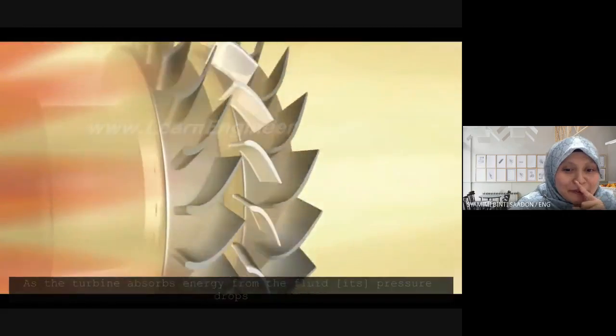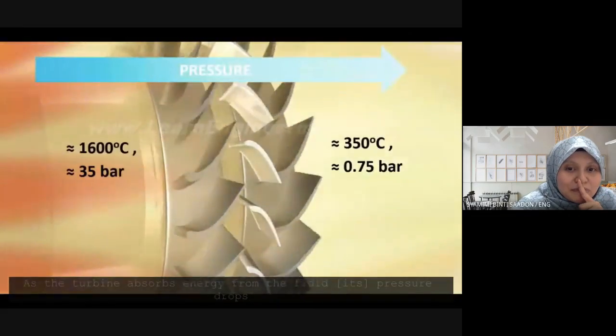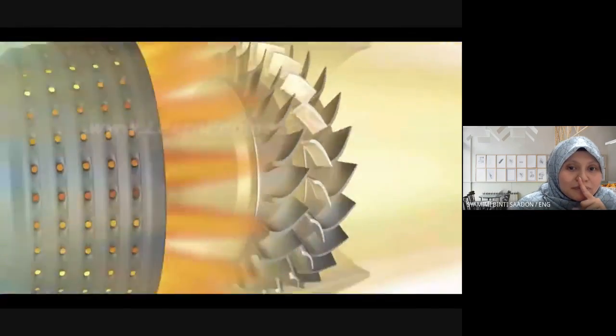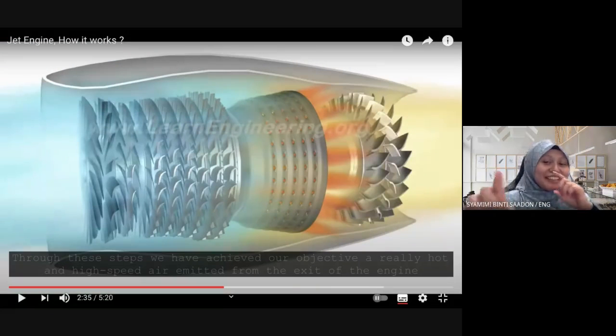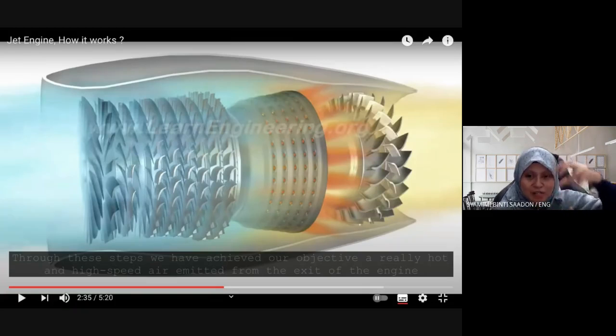As the turbine absorbs energy from the fluid, its pressure drops. Through these steps, pause lagi. Okay, nampak the relation here: pressure drops bila turbine absorbs energy from the fluid. That is the conservation of energy. Kan, earlier after exiting the combustion chamber we have high pressure energy, and this pressure energy is used to rotate the turbine. So the pressure energy is converted into kinetic energy.